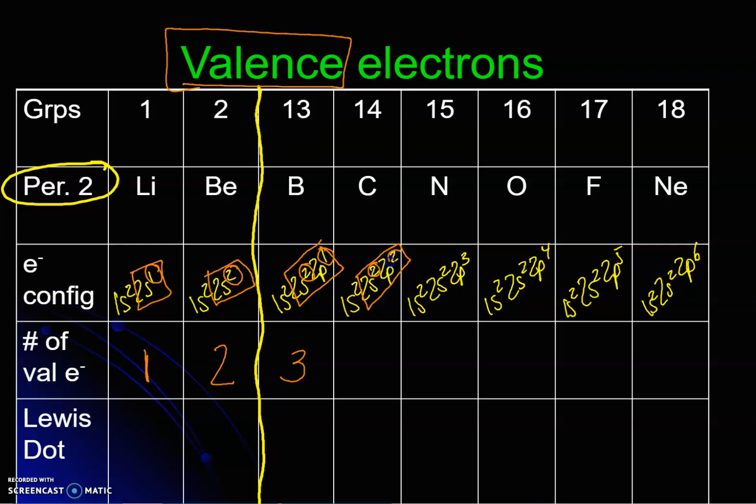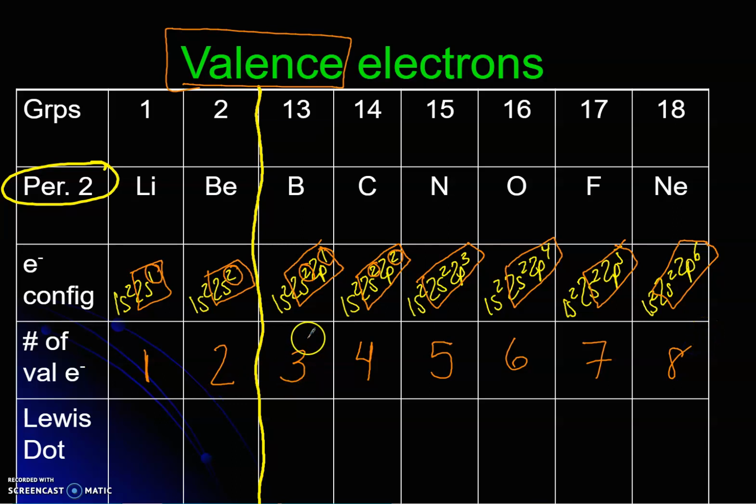So that's 2 and 2 is 4. 2s2, 2p3 is 5. 2s2, 2p4 is 6. Do you see the pattern? 7 and 8. You'll also notice that there's 3 in column 13, 4 in column 14, 5 in 15, 16, 17, and everybody wants to be a noble gas.